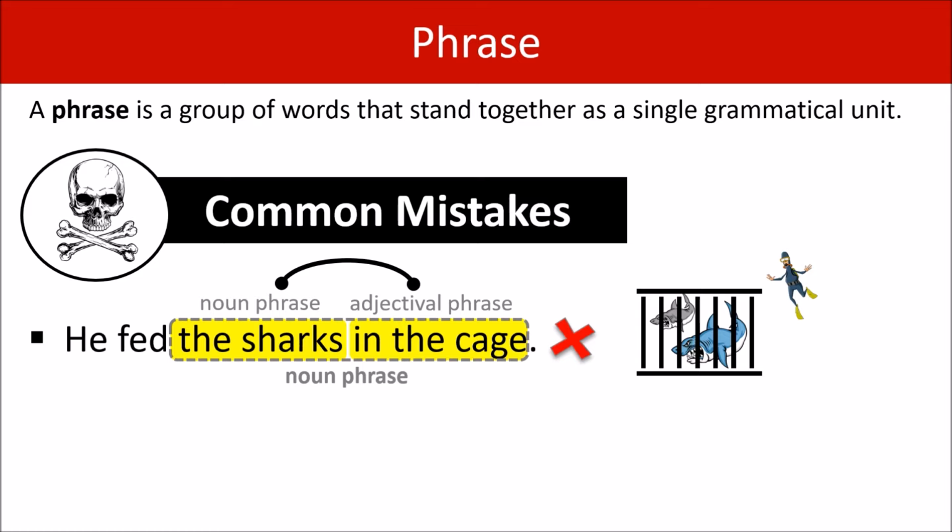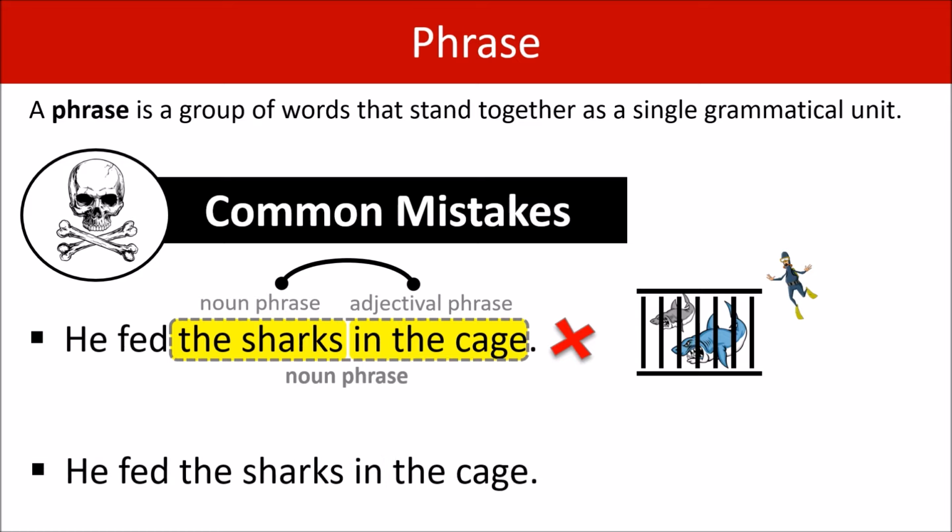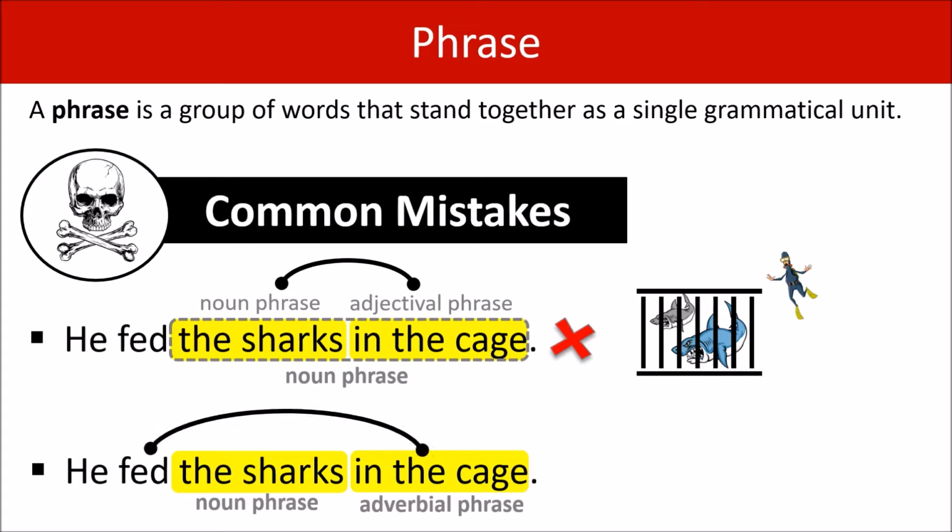Knowing the context, let's look at how we would interpret this. He fed the sharks in the cage, so the sharks would be a noun phrase. In the cage would be an adverbial phrase, and it tells us where he fed the sharks. Don't forget, adverbs modify a verb to tell us how, when, where, why, how much, or how many.